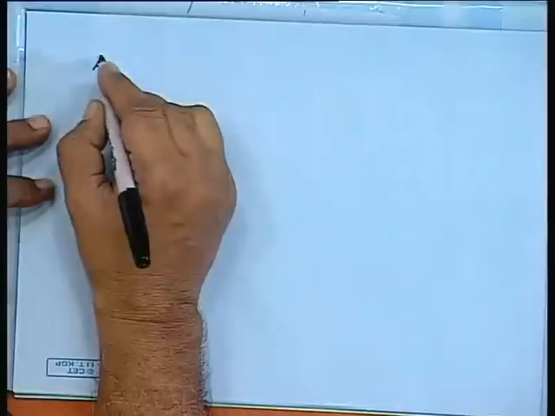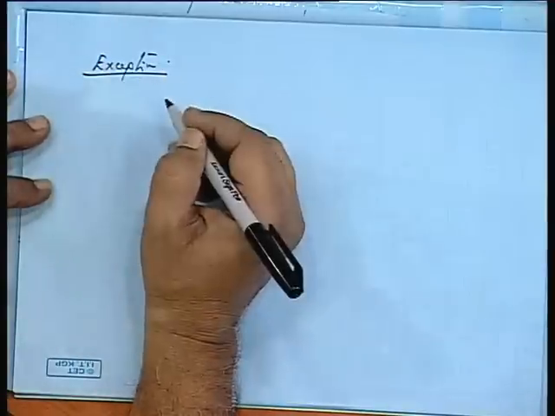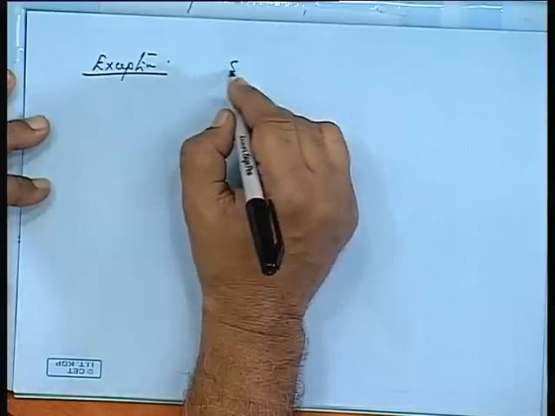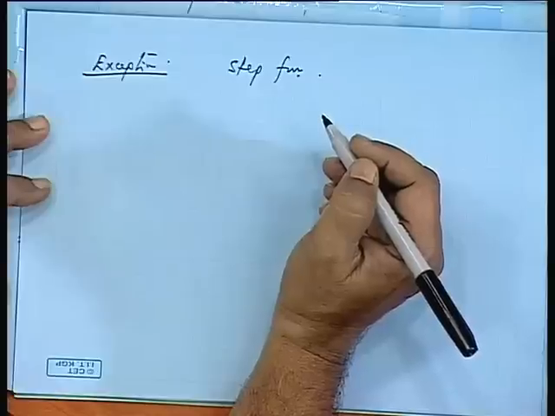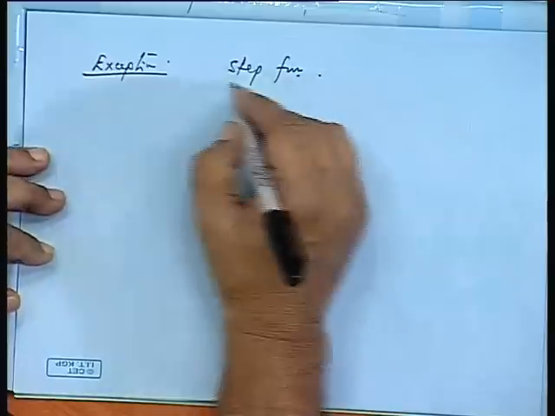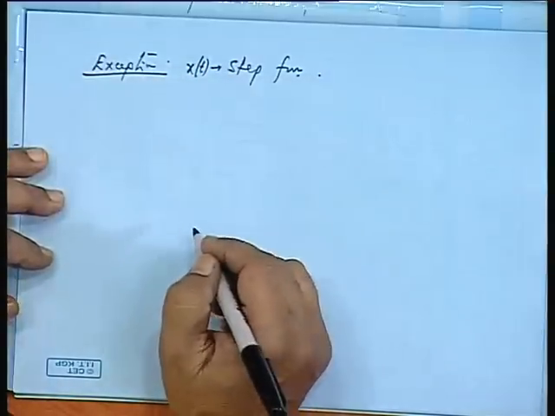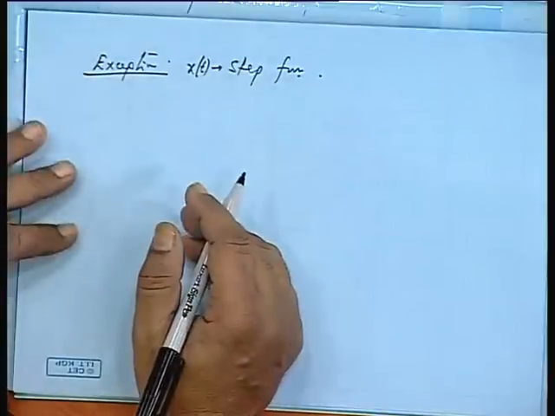So, this will be the only exception: a signal like a step function. If x[n] is a step, or x(t) is a step function, then you do not have this kind of an error.